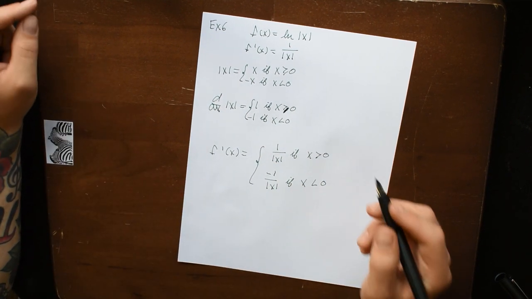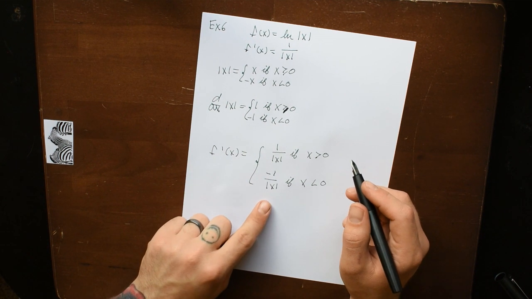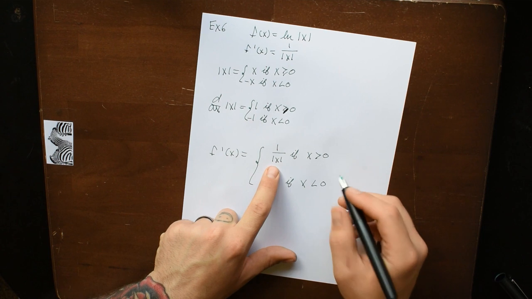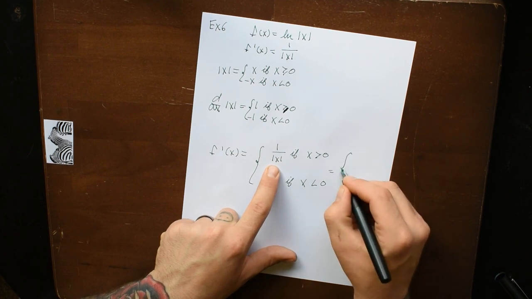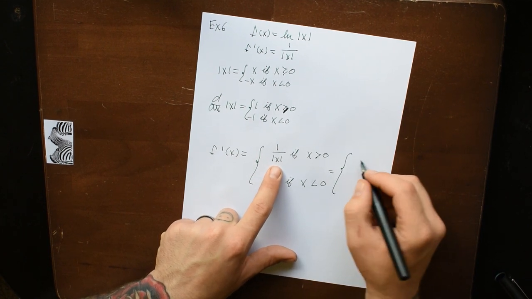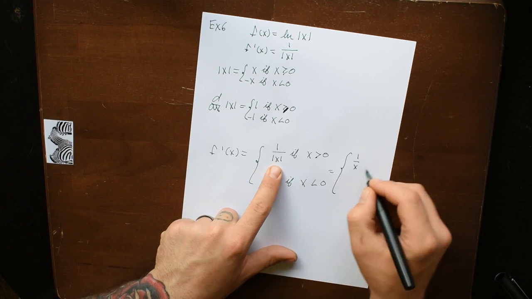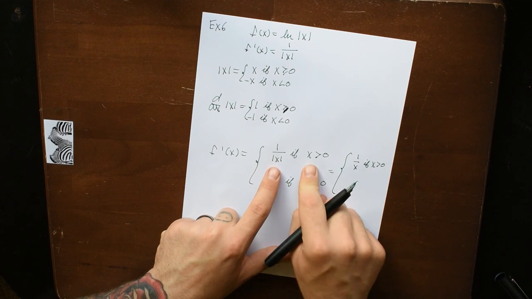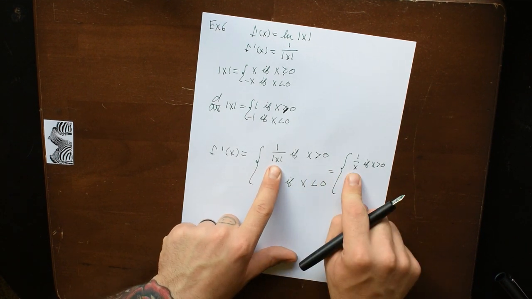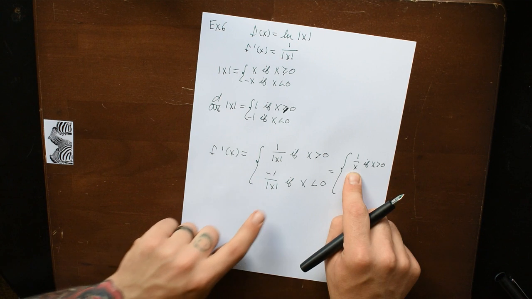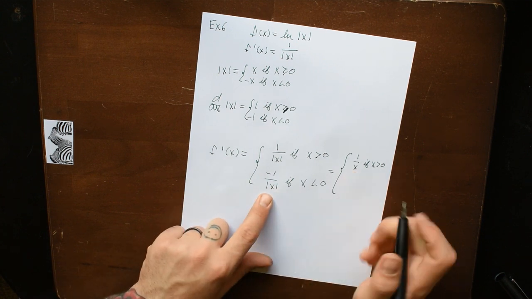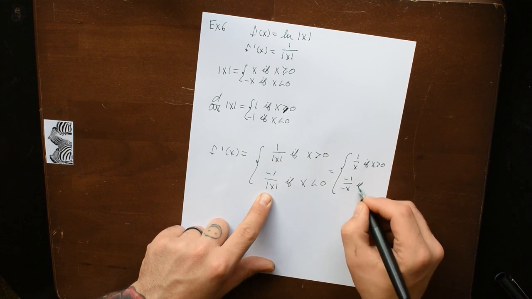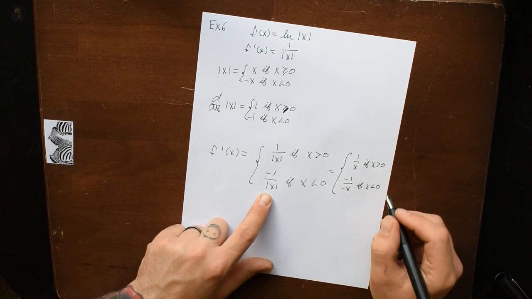Let's explore this a little bit more. If x is positive, the absolute value of x is just x. So we get 1 over x if x is bigger than 0, because the absolute value of a positive number is just that number. But if x is less than 0, this is equal to negative 1 over negative x.